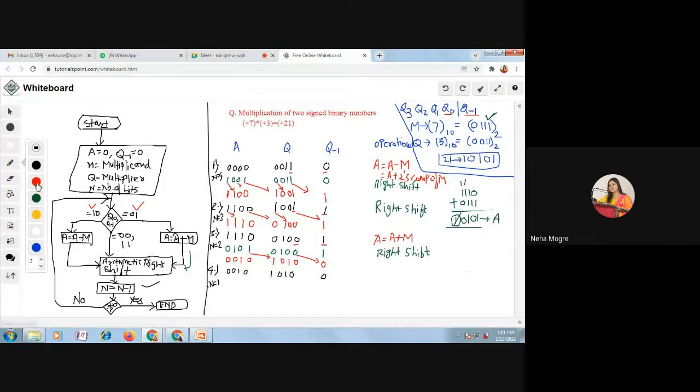Now again check the value of q0 and q minus 1. See this, 0 0. 0 0 means arithmetic right shift. Very good. So go for the arithmetic right shift.